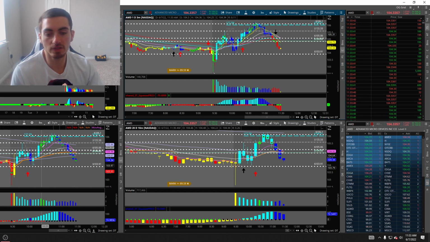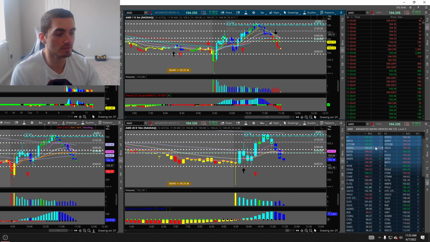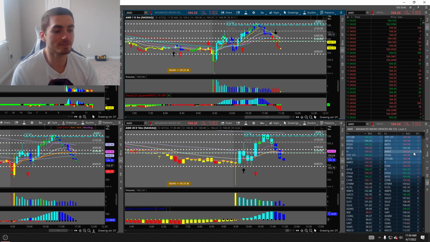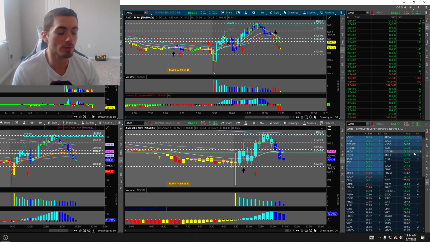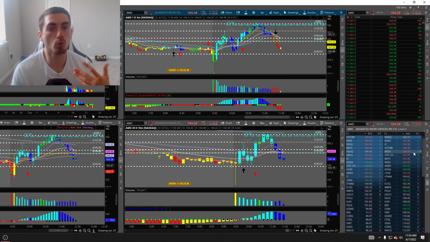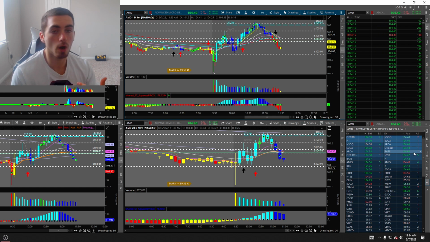So if AMD were to break above 105.60, I want to see the buyers showing a presence with the lots being higher than what's popping up on the sell side. So instead, I would rather see the 5, 6, 7, 8s pop up on the buy side and the 1s and 2s kind of just sitting over here. Because what is that going to tell us? That's going to tell us that the buyers are clearly showing a presence and there's not too many sellers in that stock.